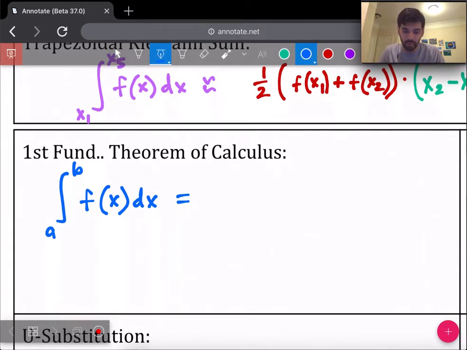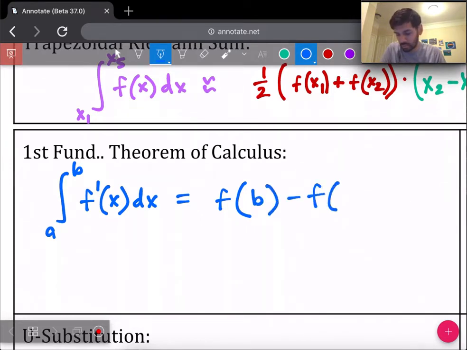What I'm going to do here, though, is put f prime here so you kind of understand this. This is more commonly seen in free response problems. So if you're integrating f prime, you get back up to your original function, f of x. And when I evaluate, I do f of b minus f of a.